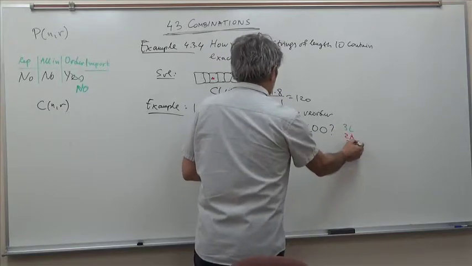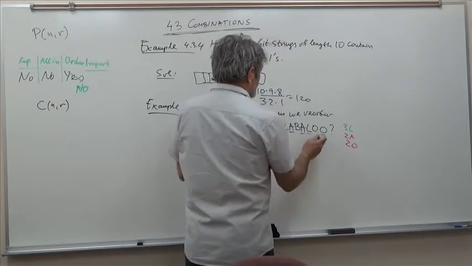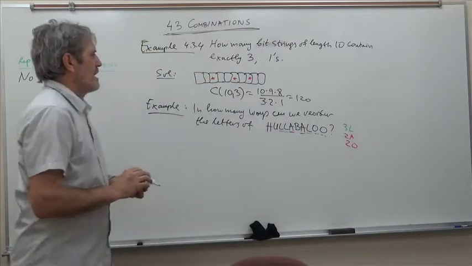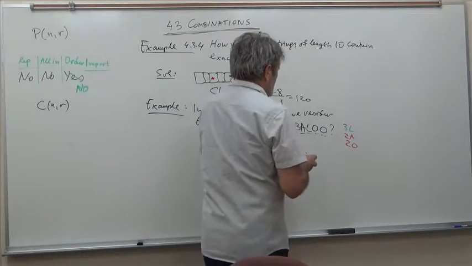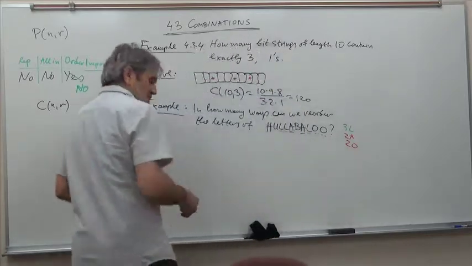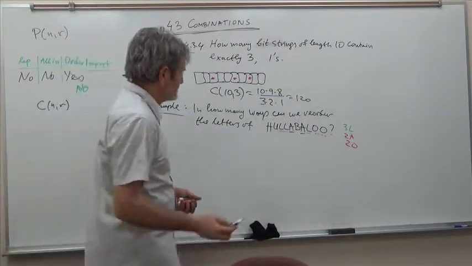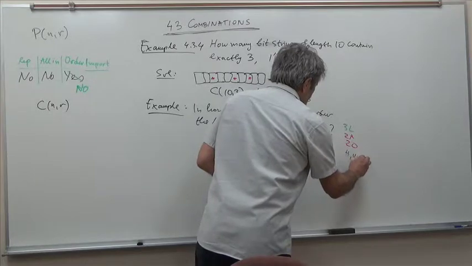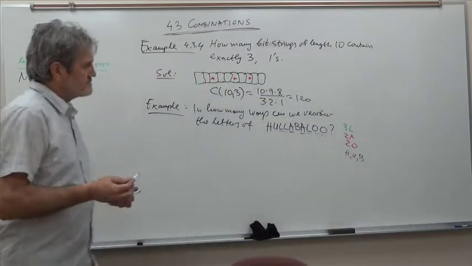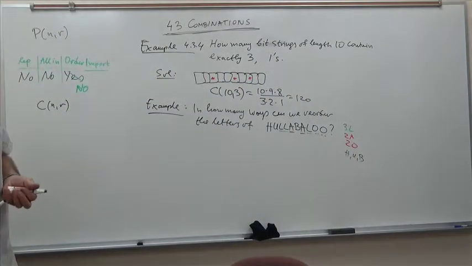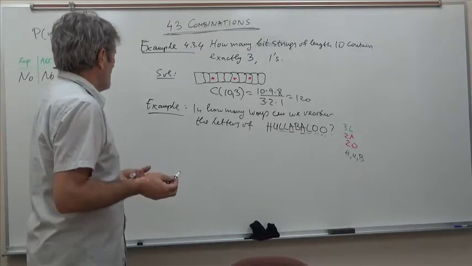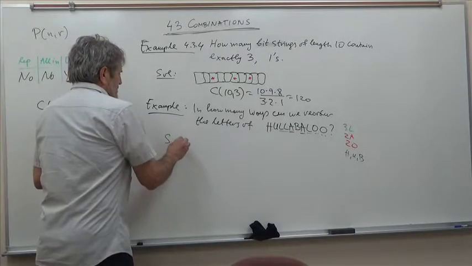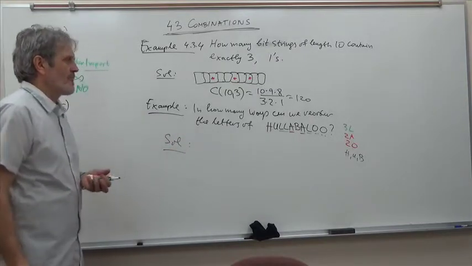There are 2 O's. And these are the only repetitions. H, U, and B are just regular, appearing once. Altogether that's 10: 3, 2, 2, 3. That's exactly what it is. So here's the solution.